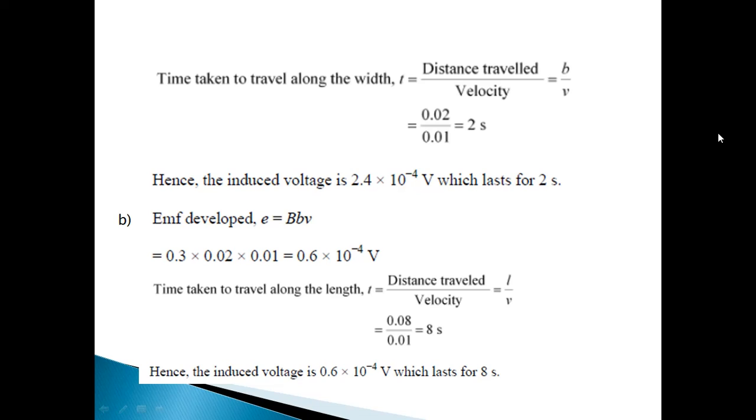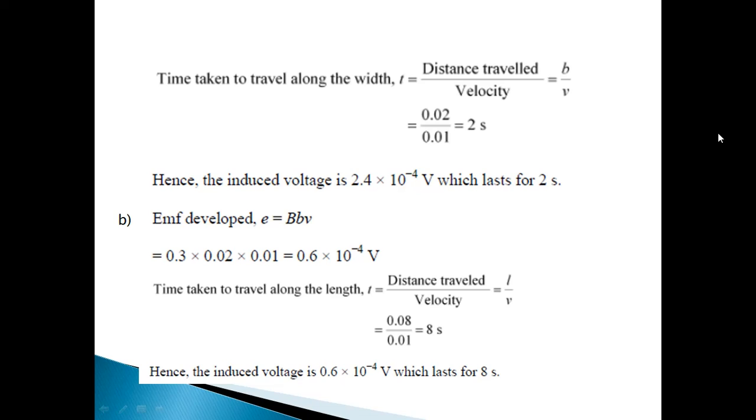So when you calculate the time taken to travel, you have to take the distance traveled as the breadth, divided by velocity, because now breadth is parallel to the direction of motion. So you get your answer as 2 seconds. So the induced voltage is 2.4 into 10 to the power minus 4 volts and it lasts for 2 seconds.